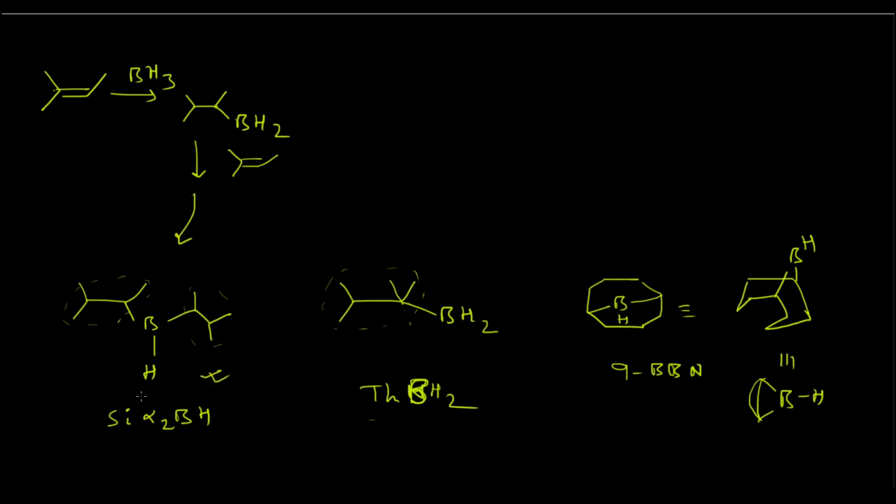After the formation of this dialkyl boron, these two bulky groups are there, so no more hydroboration will take place because its reactivity is now very low. Due to less reactivity, this dialkyl boron will behave as a highly selective reagent for hydroboration. Less reactivity always increases the selectivity, so highly selective.